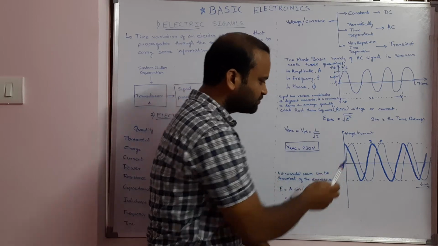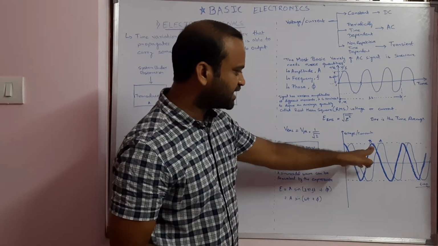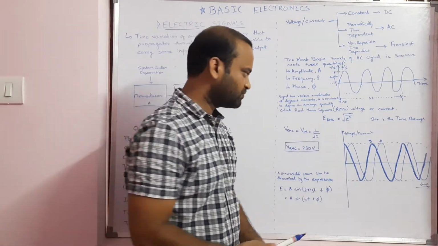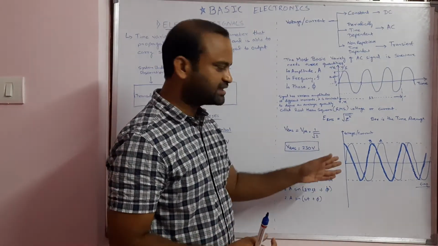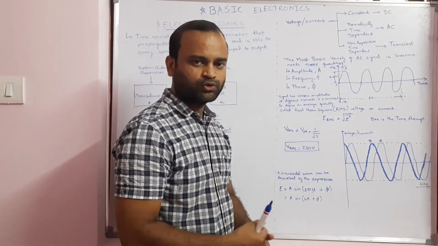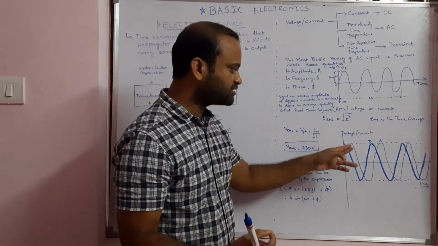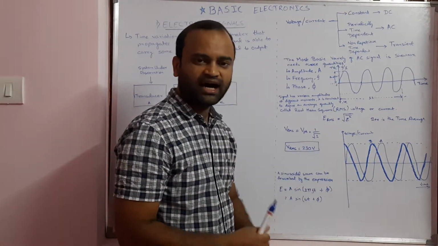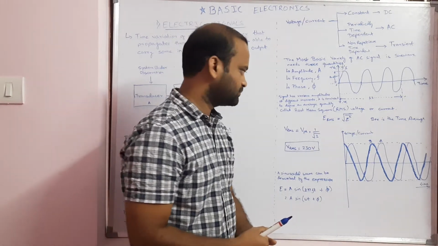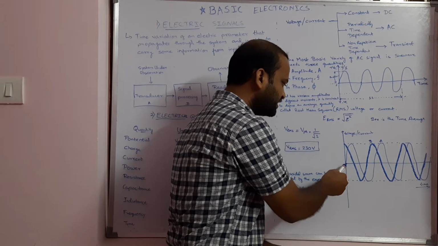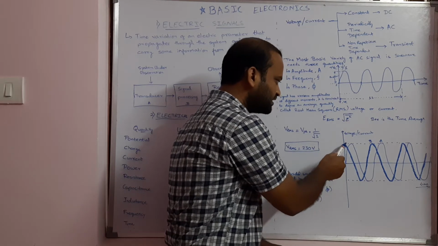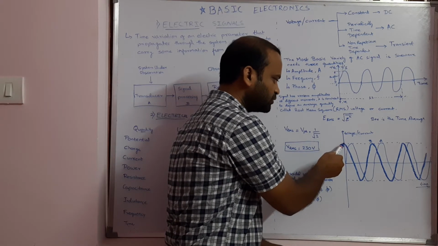You can see the frequency of signals A and B are the same, but the instantaneous values of both the signals are different. At the same instant, the voltage or the amplitude of both the signals are different from each other. At this point of time, you can see signal A is having 0 amplitude, but signal B is having maximum amplitude.